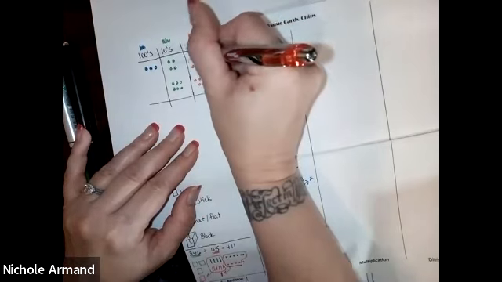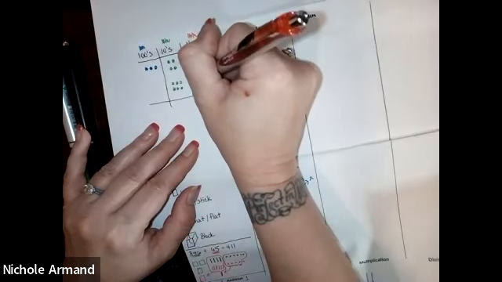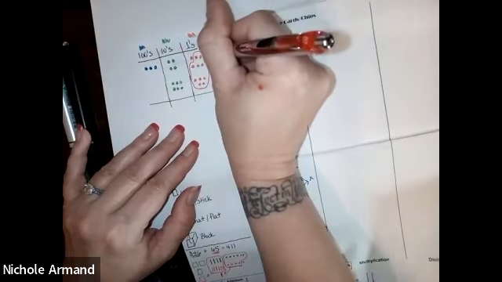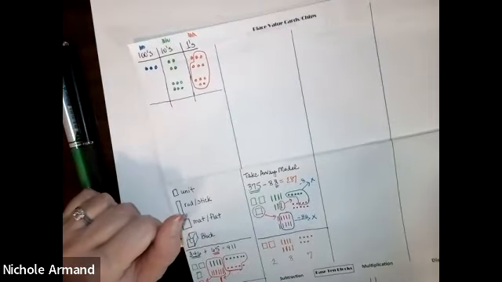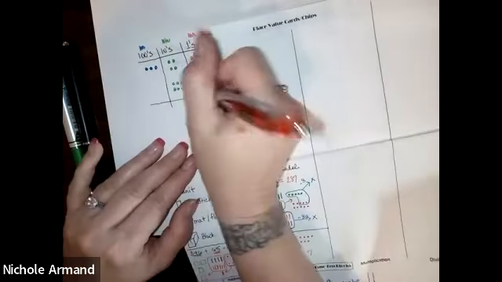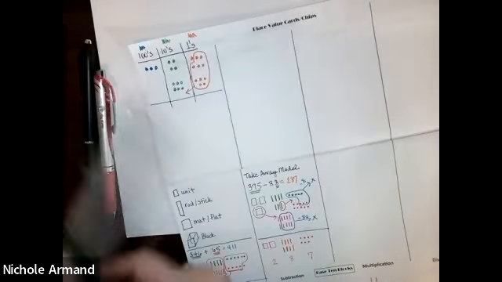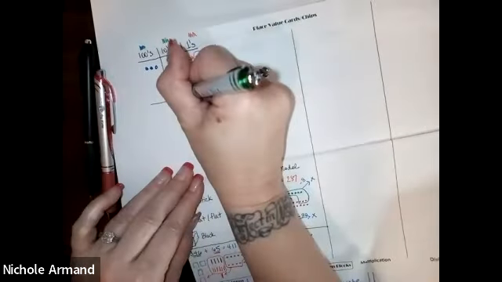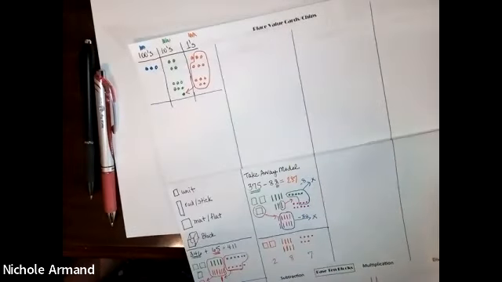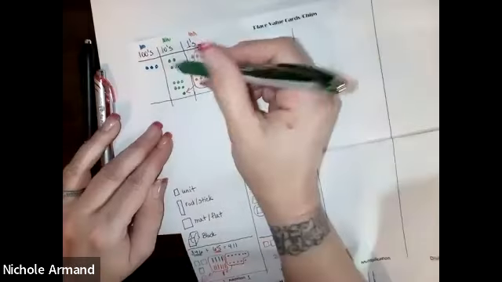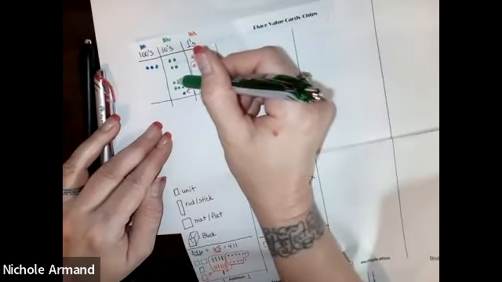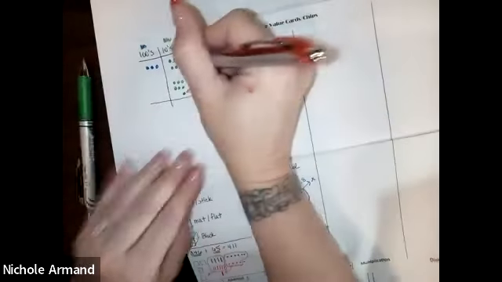All but one of these orange chips are going to be exchanged for a green chip, right? And our green chips, 1, 2, 3, 4, 5, 6, 7, 8, 9, 10, we have a group of 10 right here.